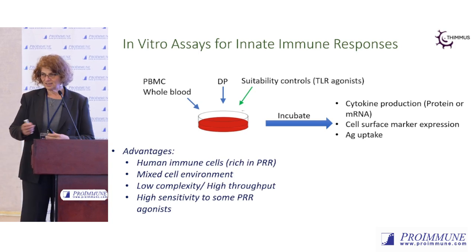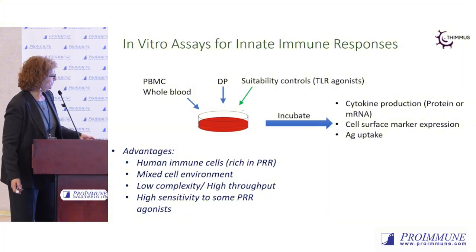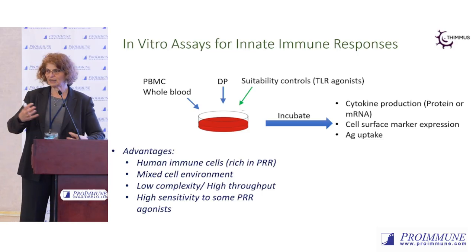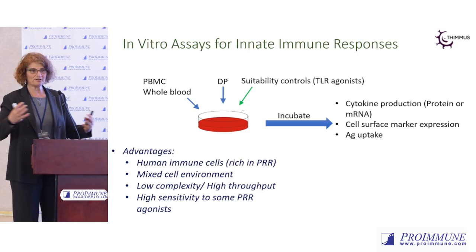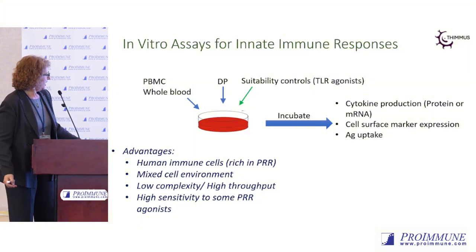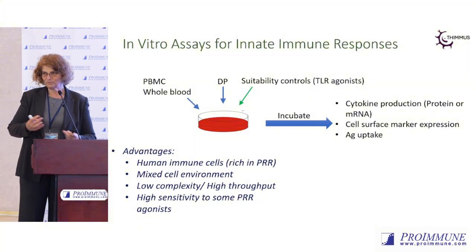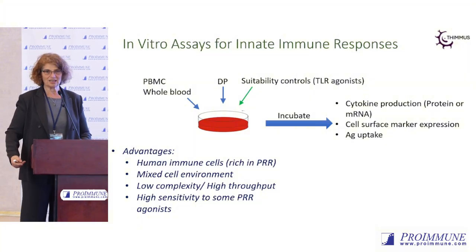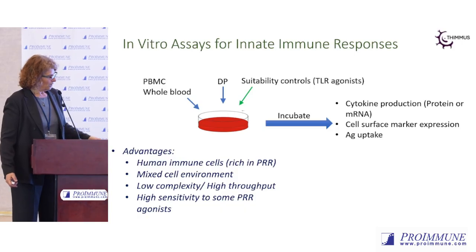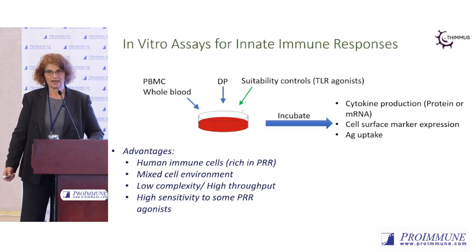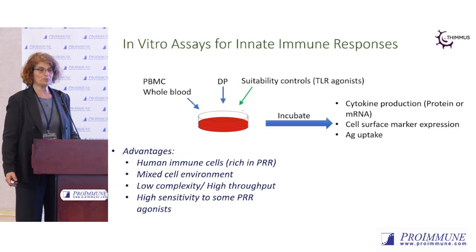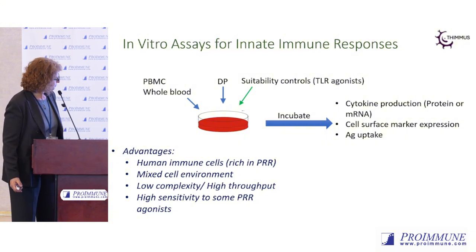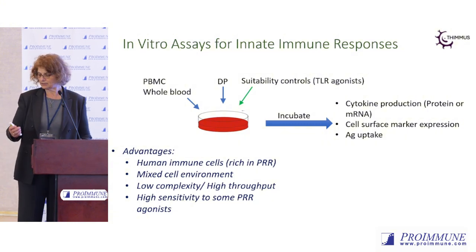You're getting closer and closer to the patient or the human population that you're trying to reach. They're rich in pattern recognition receptors. They have that mixed cell environment that allows the cells to talk to one another and amplify a response. They're generally not incredibly complex, and can be standardized so that you can get a pretty high throughput. And they're pretty sensitive to some PRR agonists at least.